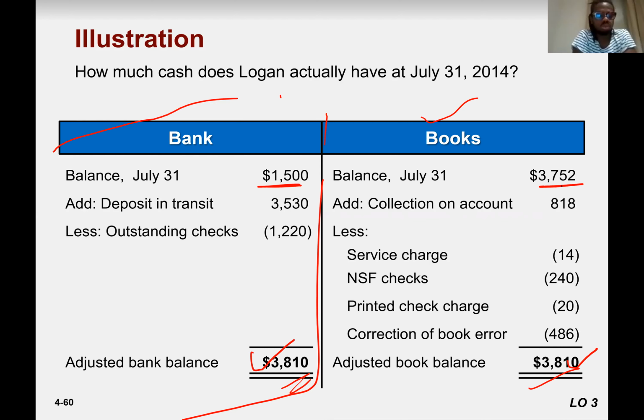So naturally, the boss or the person who doesn't know about accounting must be very confused. Okay, it is because of fraud, because the bank balance shows we have $1,500 in our account, but you say in our account there is $3,752. So what are the reasons? So these are the reasons, right?